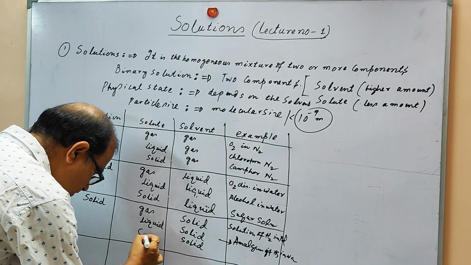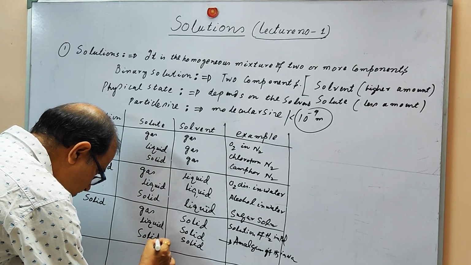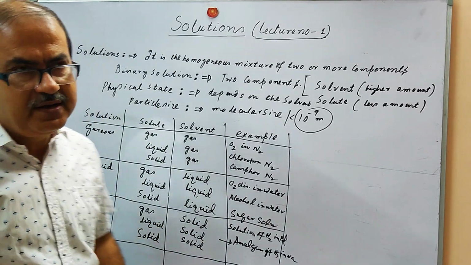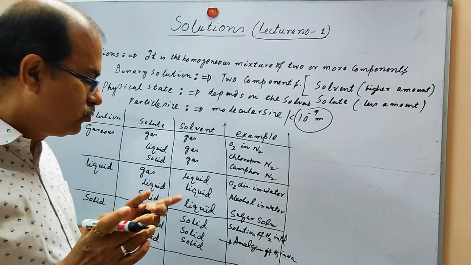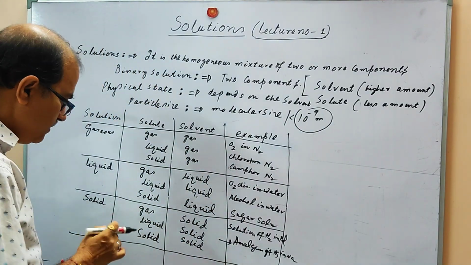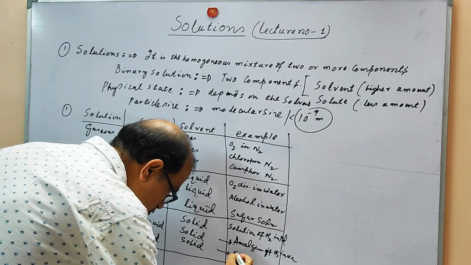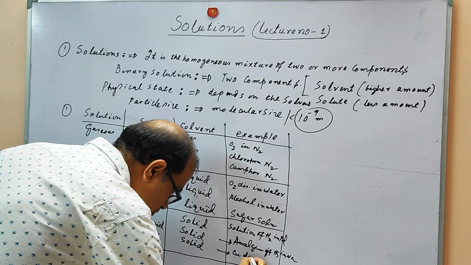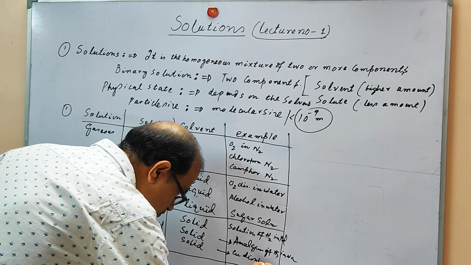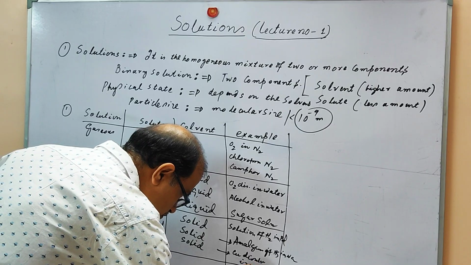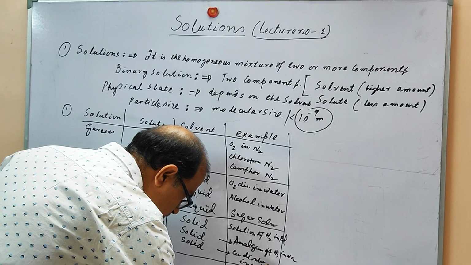And last is solid in solid, that is different alloys. You will find that these are basically solutions of solid in solid. For example, copper dissolved in gold.